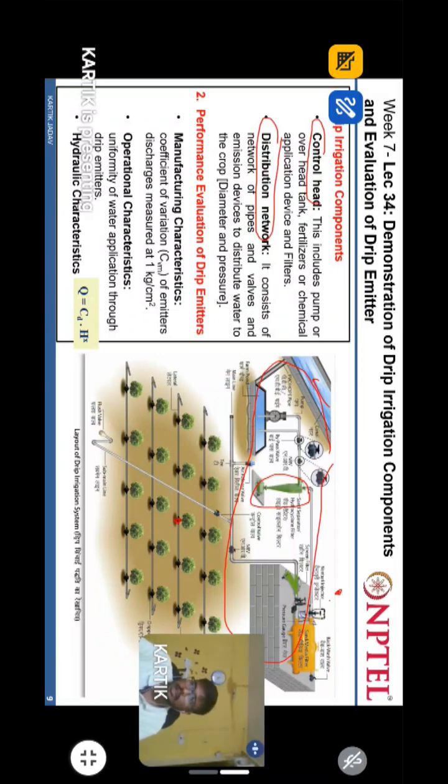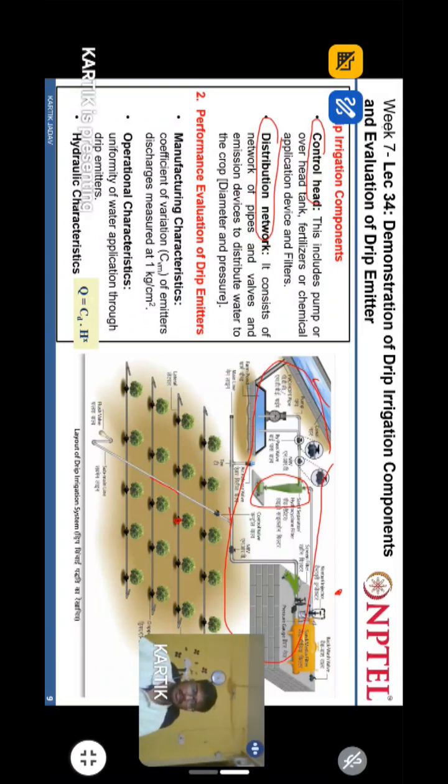So that may form precipitate by some chemical reactions. To remove this precipitate, we install a screen filter, which will remove this kind of substance that is created. After that, we have the non-return valve to restrict the backflow of water from the main line and submain line.